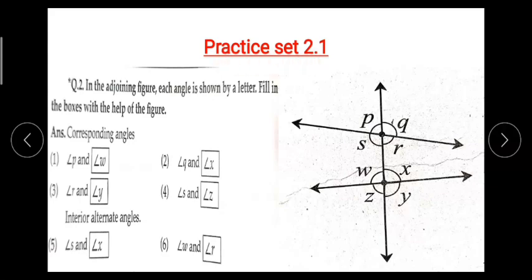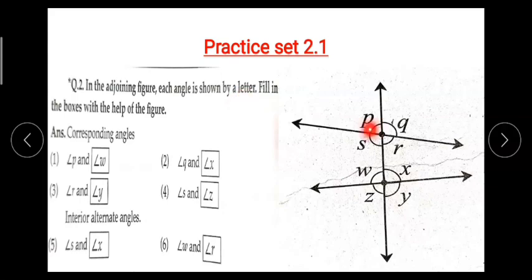Okay. This is question number 1, students. Here by mistake it is written 2. This is question number 1. In the adjoining figure, see the figure. Okay. In the adjoining figure, each angle is shown by a letter.